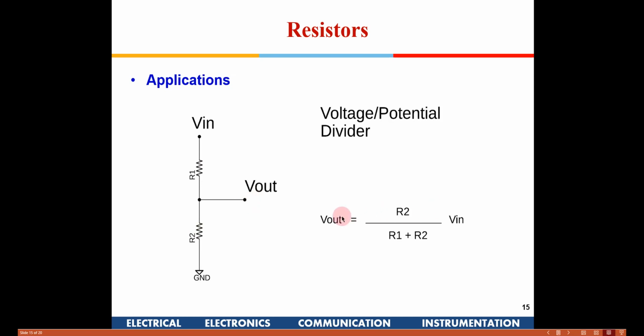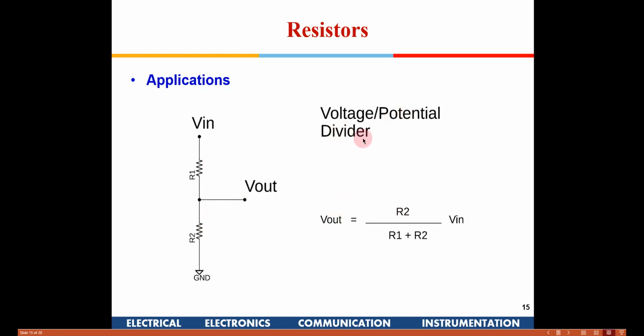So how do I get this? The current which will flow here will be Vin divided by R1 plus R2. And what is the voltage across R2? That current into the value of this resistance, R2.